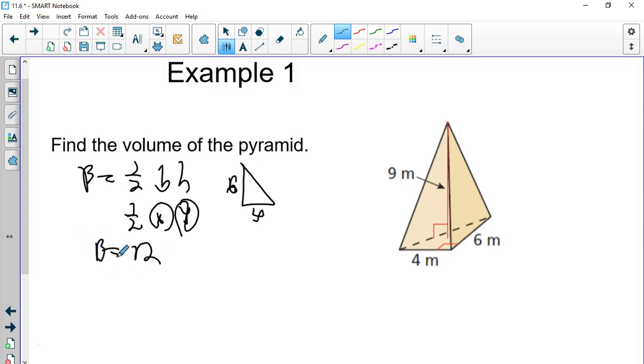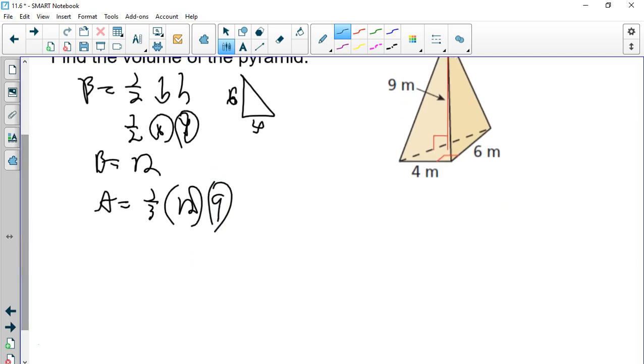The height is 9. So again, the volume of the pyramid, going to go with the formula again, is 1/3 area of the base times the height. And again, you can do this in your head, because 12 divided by 3 is 4, times 9 is 36.